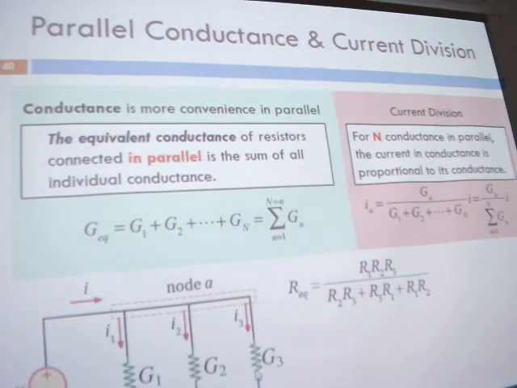I just show you, if we introduce the conductance, the case will become easier, okay? And here we know our Geq, G1, G2, G3. And our I1, okay, for node A, we can write this equation. From the current division, we can write this. So our I2 and I3, we can get this one and this one.